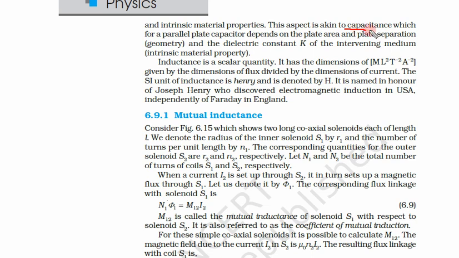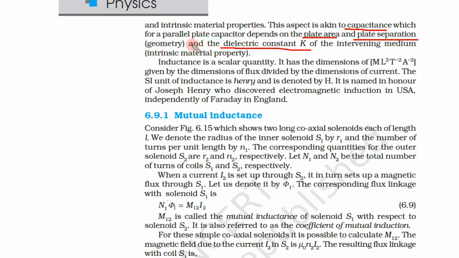We have already discussed that for a parallel plate capacitor, capacitance depends on plate area and plate separation, and also on the dielectric constant, the material of the intervening medium.